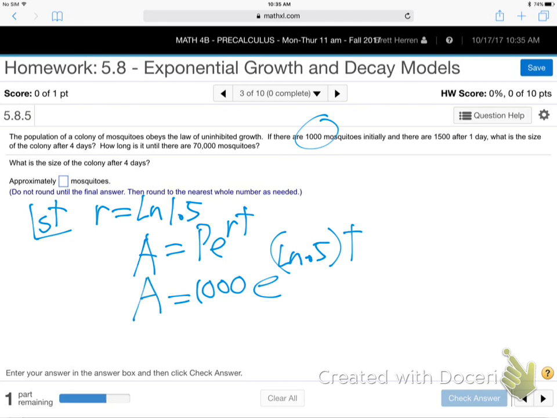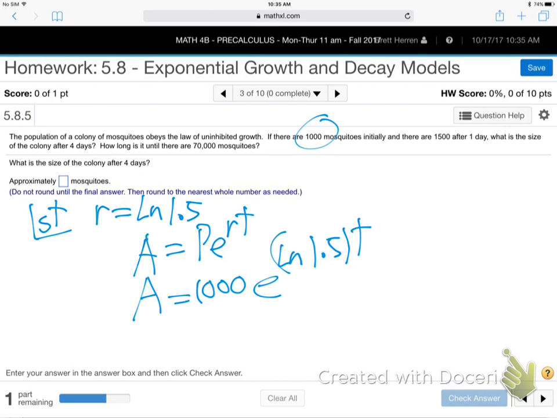We good to there so far? 1.5, right? What's that? Is it 1.5 or? Oh, 1.5. Thank you, Michael. Yeah. Good to there? Everybody okay to there? So we're to here now. And it's ln of 1.5. So, what are we trying to do?